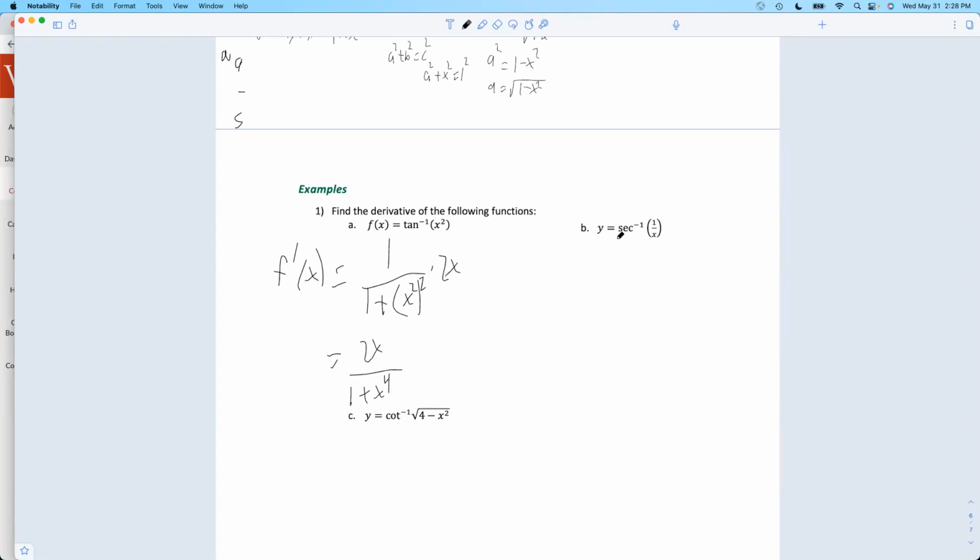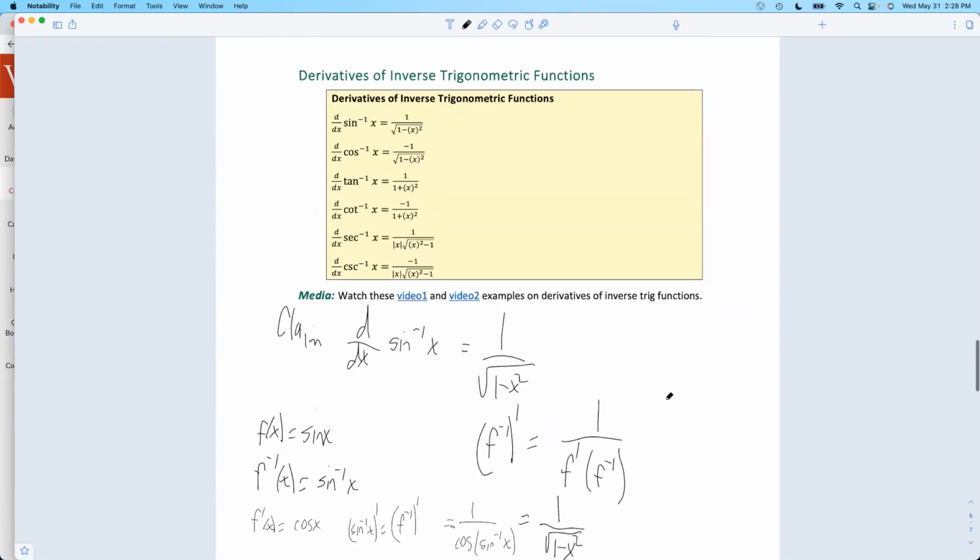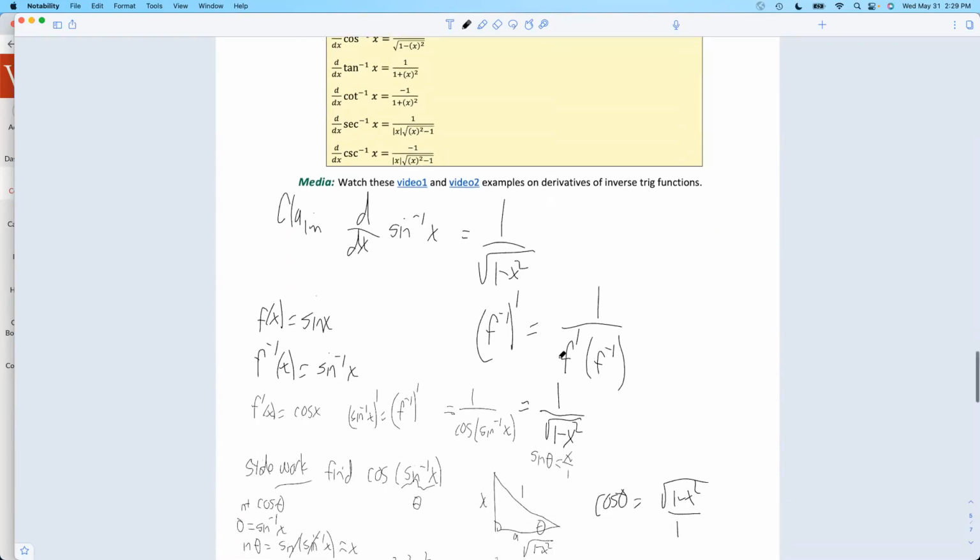What about the derivative of arcsecant, inverse secant of 1 over x? I don't remember that guy's derivative. I'm going to look it up. It's right here. The derivative of inverse secant of junk is 1 over the absolute value of junk times the square root of junk squared minus 1, times the derivative of junk. If this is a function inside, we're going to chain rule this and have the derivative of whatever's inside.